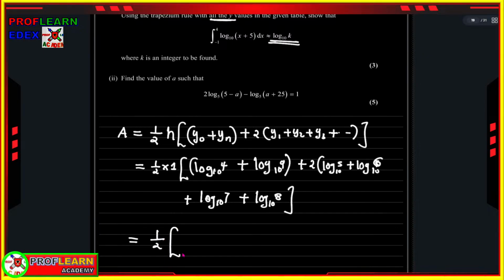which is going to become a half into, this is going to translate to log, when these are added we can multiply the numbers, so it will be log 36 base 10 plus 2 into bracket.